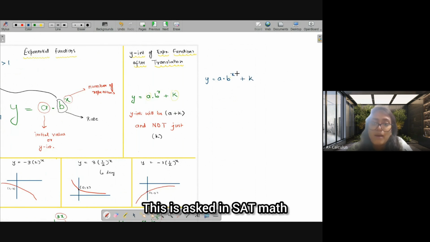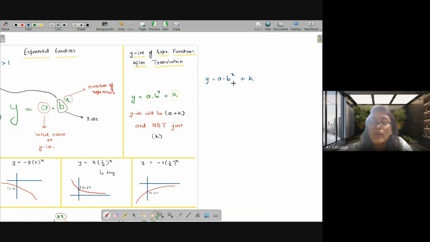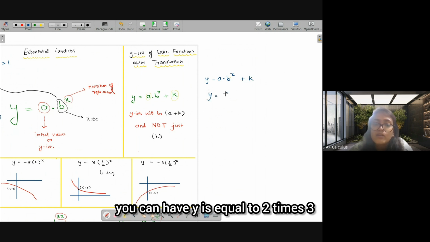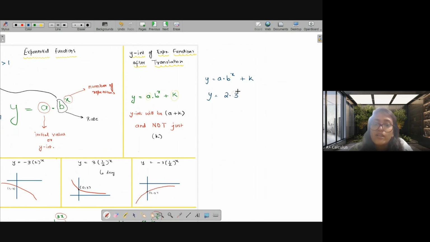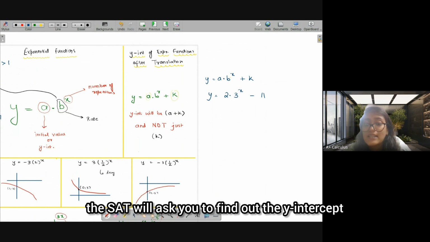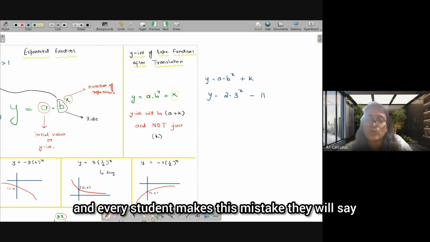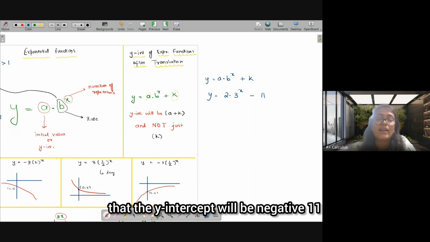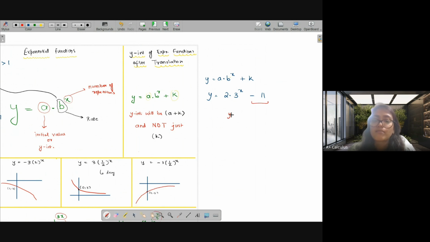This is asked in SAT Math. If you do plus k, for example, you can have y is equal to 2 times 3 raised to x minus 11. And in this case, the SAT will ask you to find the y-intercept. And every student makes this mistake. They will say that the y-intercept will be negative 11.